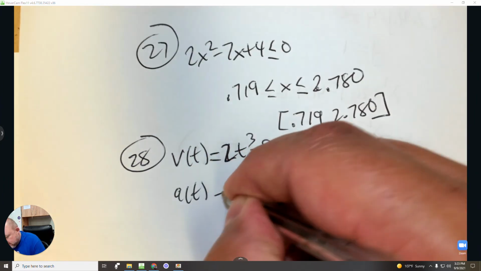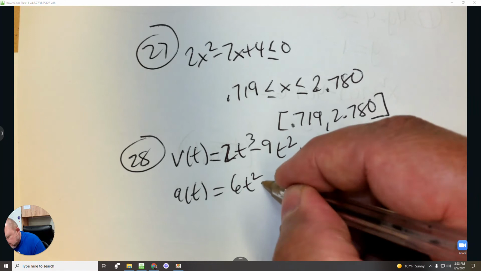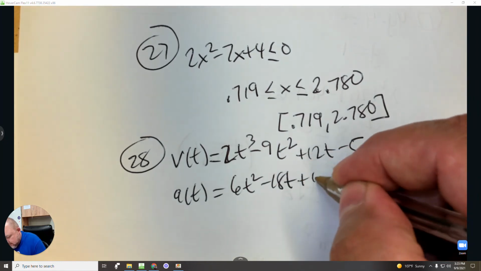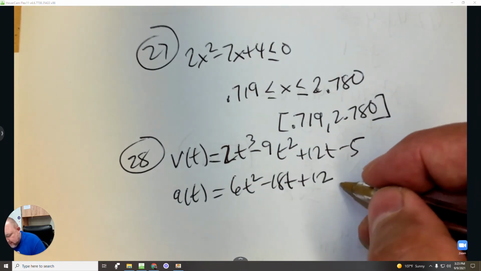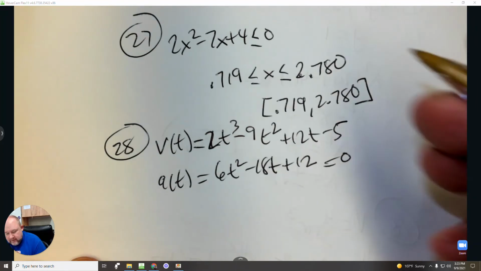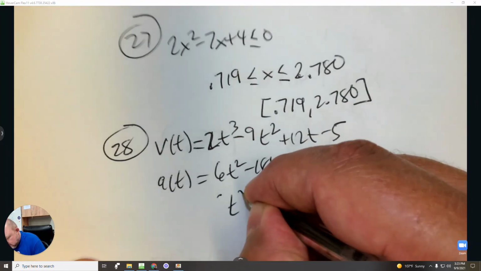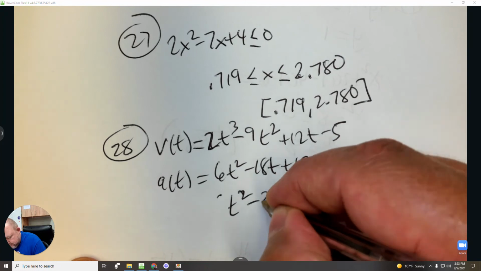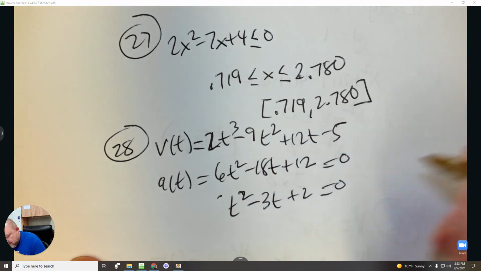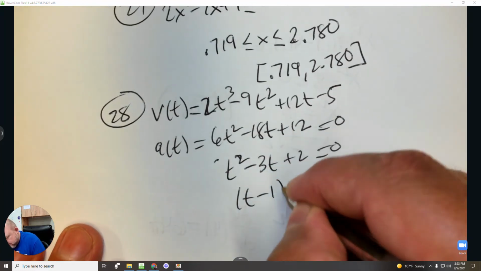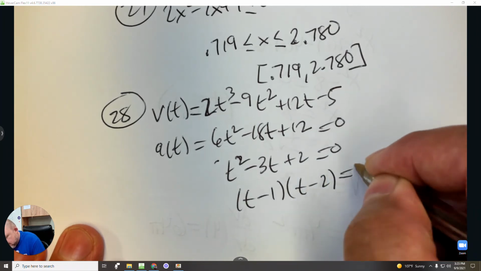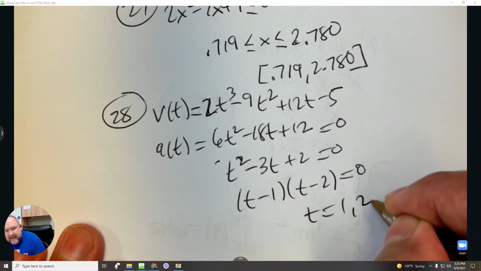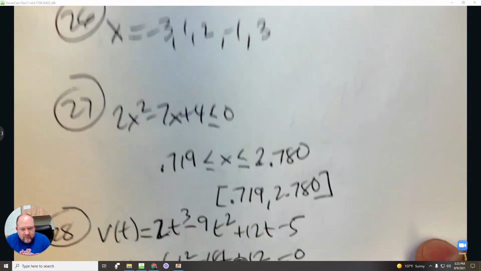So to find the acceleration, that's 6t squared minus 18t plus 12. I'm going to divide everything by 6. Then I'm going to factor it. So at 1 and 2, the acceleration is 0.